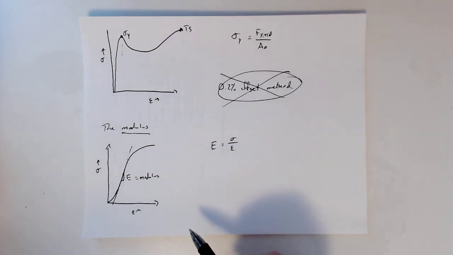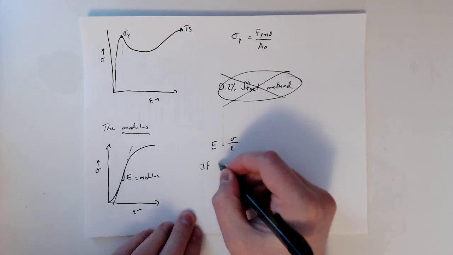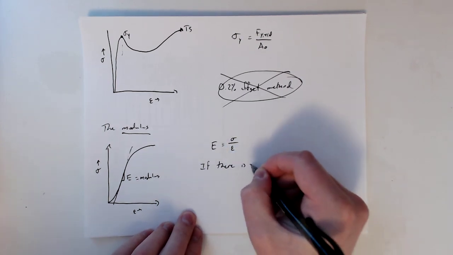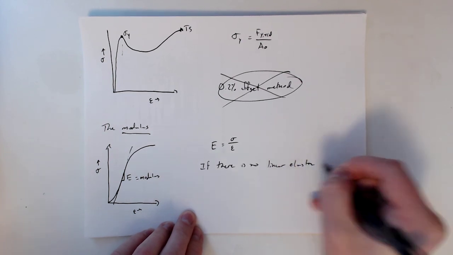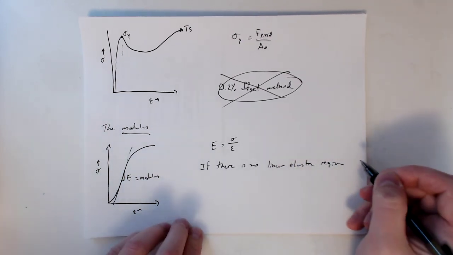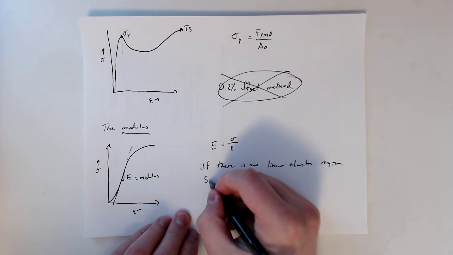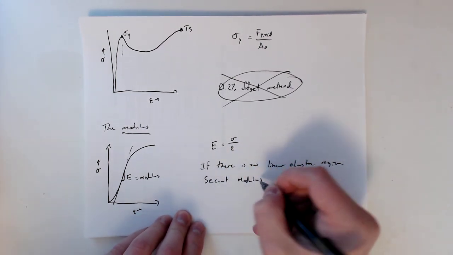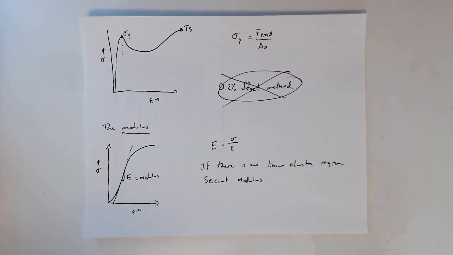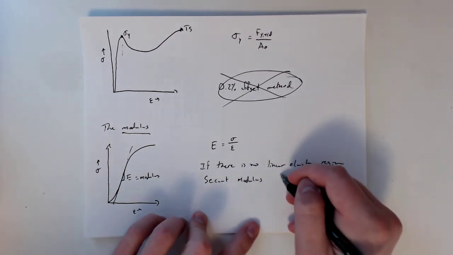So there is another way to measure it. If there's difficulty, if there's no linear elastic region, then what we can also do is find the secant modulus. And so in this case, let me draw a different one for you.